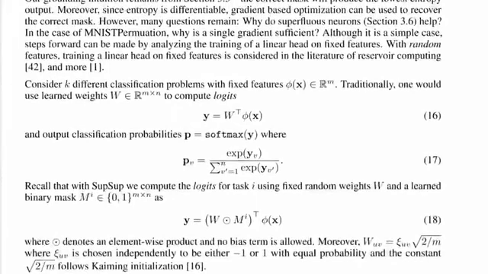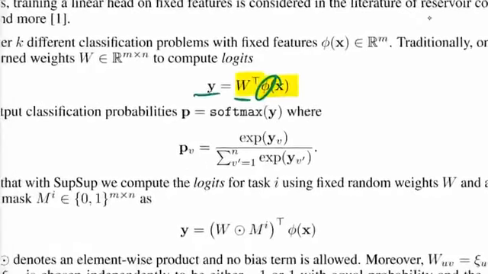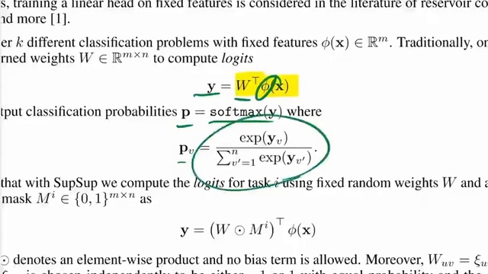So they start off by saying your neural network is basically W, and it's this phi right here, and the W are the last layer's weights, which compute your logits. So Y is not going to be your class, but Y is going to be your logits, and P is going to be the probability vector over your classes, which if you calculate it via a softmax is going to be the following expression right here.